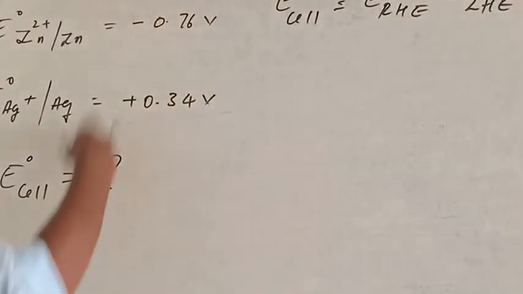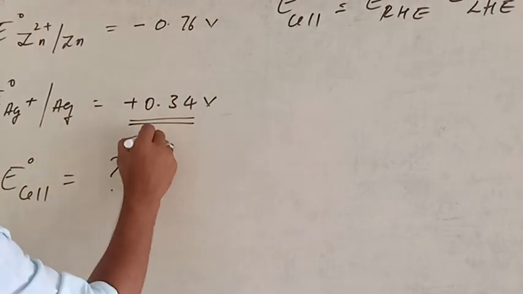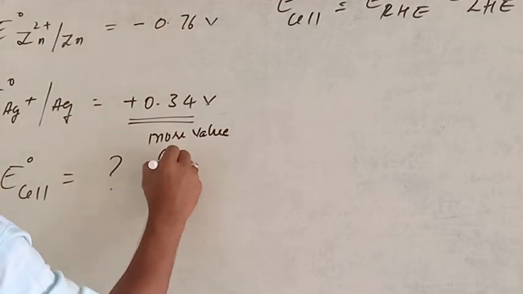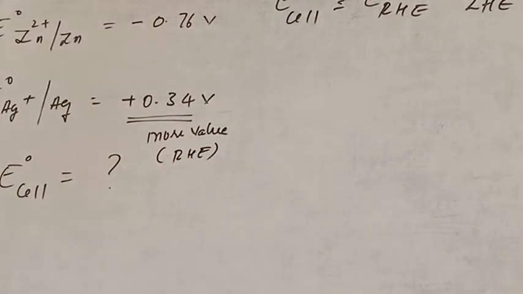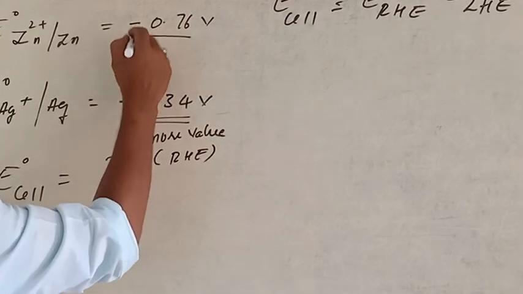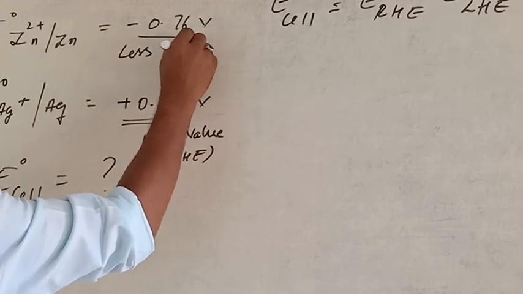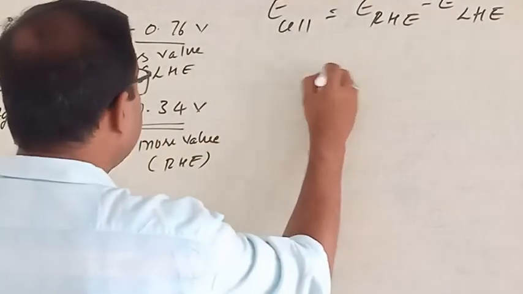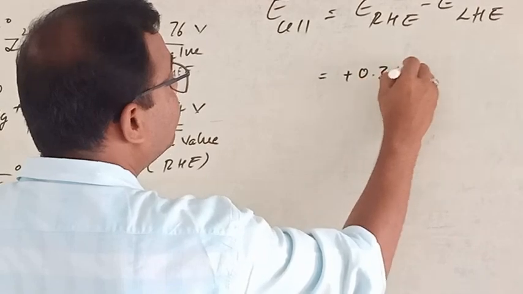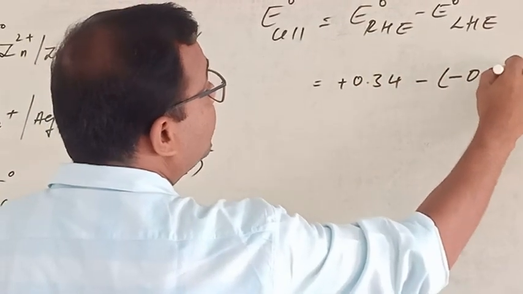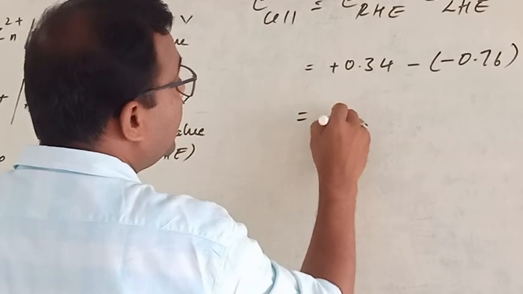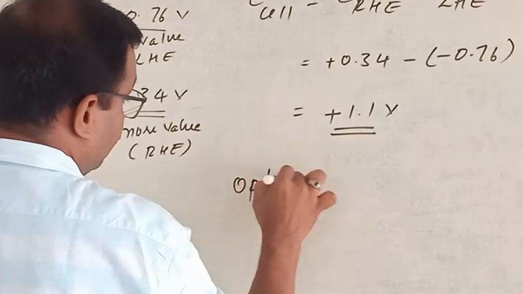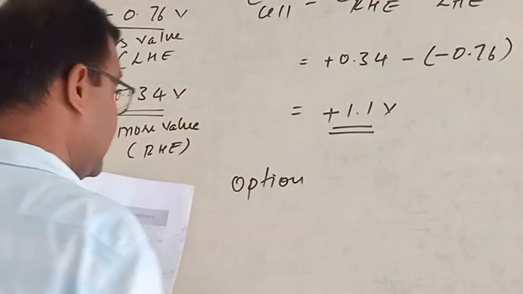The bigger value must be RHE, and the lesser value must be LHE. Then finally we substitute: plus 0.34 minus of minus 0.76 volt, that is plus 1.1 volt, so the option is C.